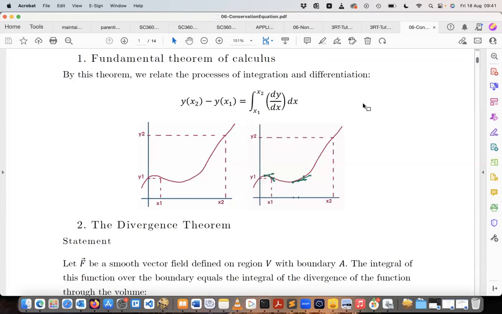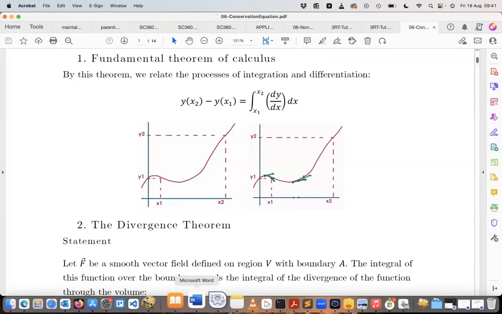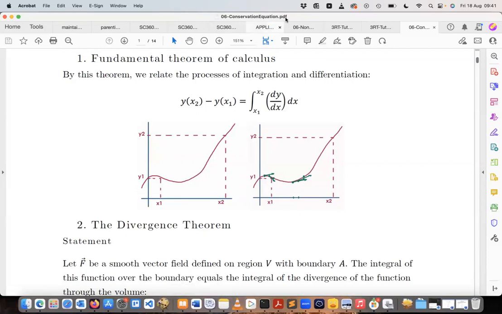That's a way to look at what we're saying here. Another way to think of it is just in terms of the definition of a derivative.